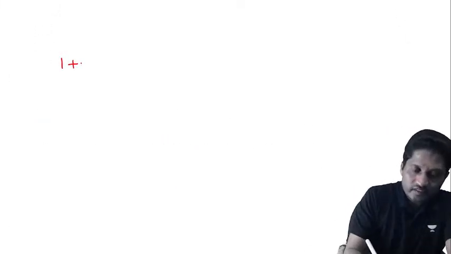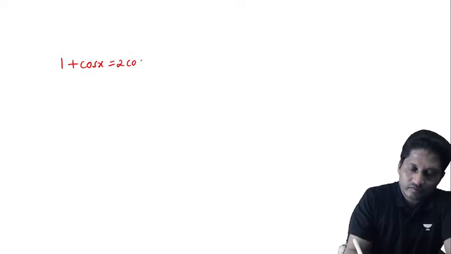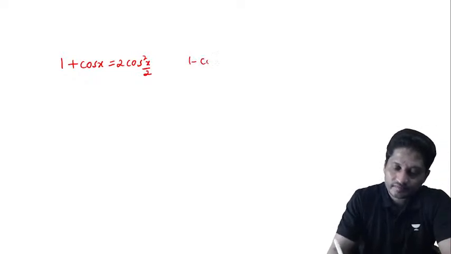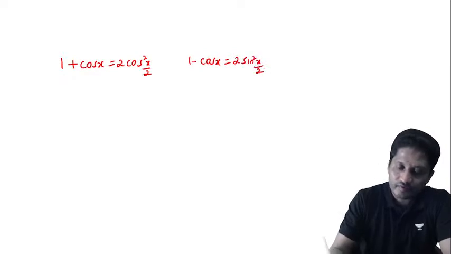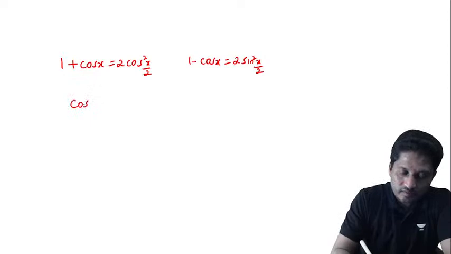1 plus cos x is 2 cos square x by 2. 1 minus cos x is 2 sin square x by 2. And from this, cos square x by 2 is equal to 1 plus cos x whole divided by 2.